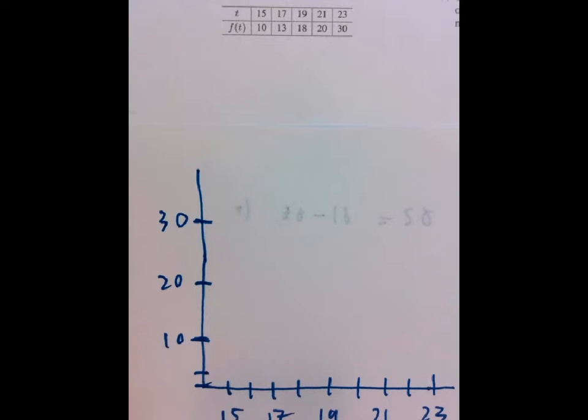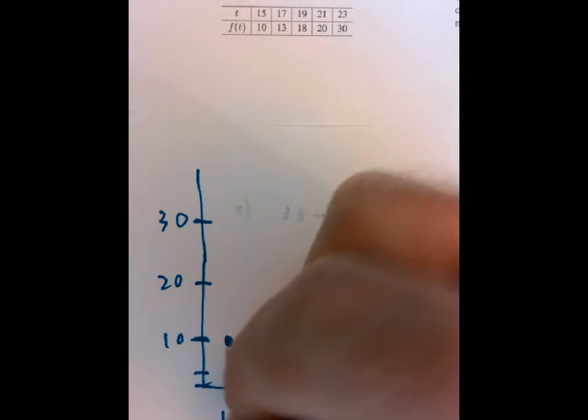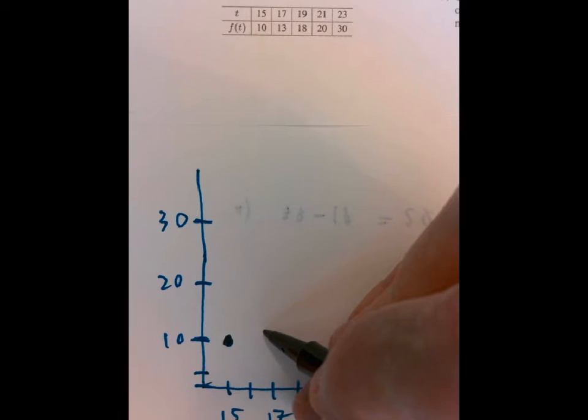Then what we do is at each of these function values, we plot the data. So at t equals 15, it was equal to 10. So I'm going to put a dot right there, and I'll use a different color here. Then at 17, it's equal to 13, so that's about there.